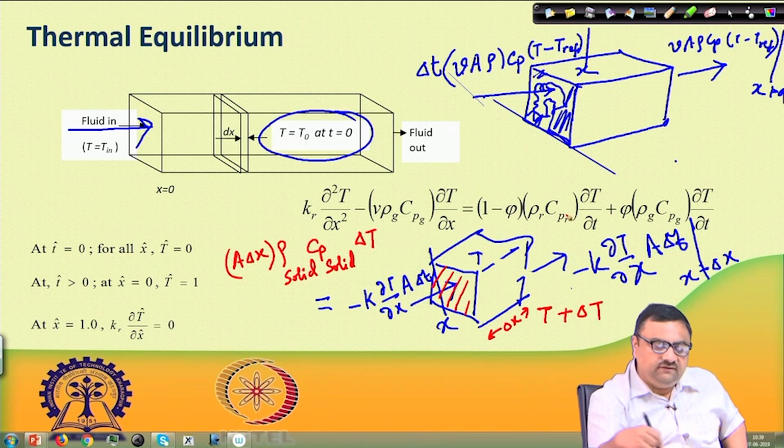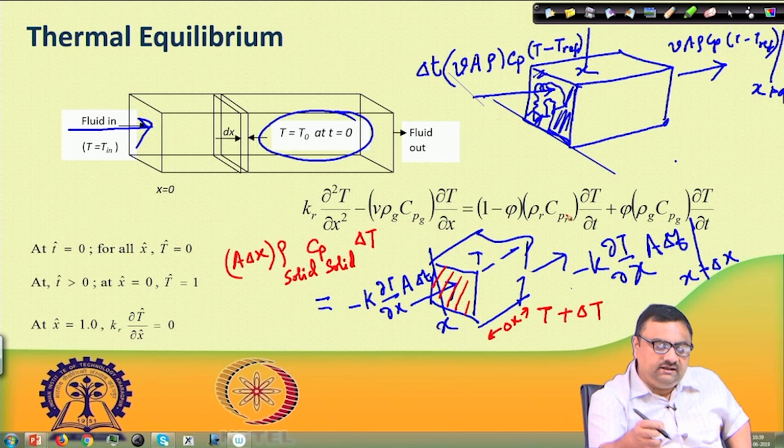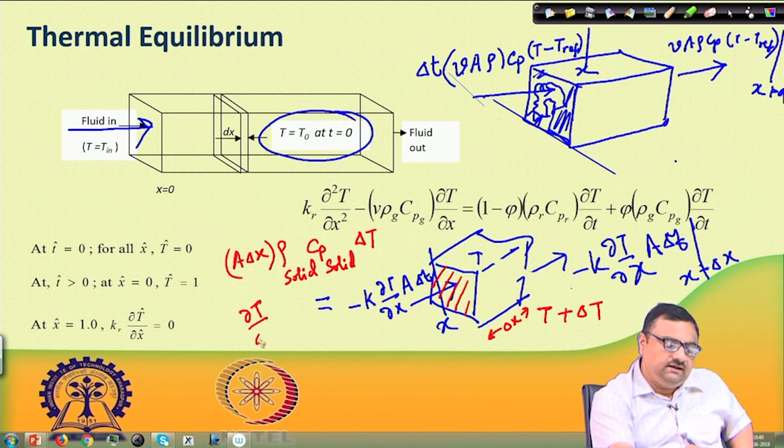And generally, if we do the bookkeeping here, in minus out is accumulation. If we equate them and then take this delta x from the left hand side to the right hand side in the denominator, and this delta t on the right hand side, they will go to the left hand side as the denominator. So delta T by delta t, limit delta t tending to 0, that gives you del T del t, with a few other terms in the bracket outside.